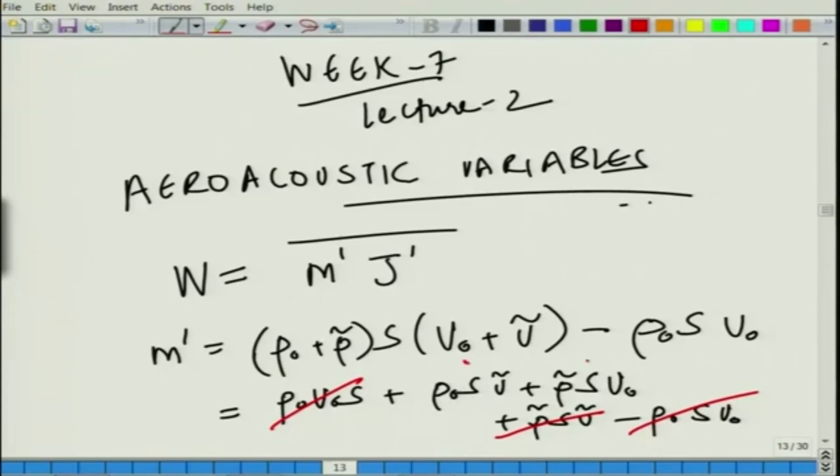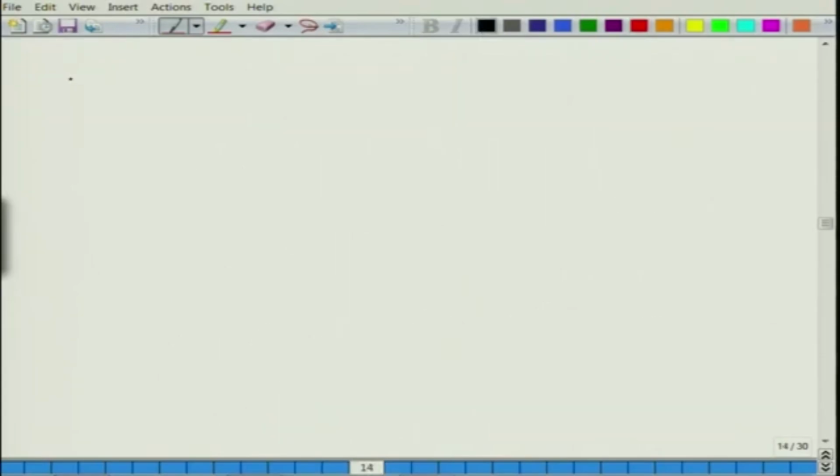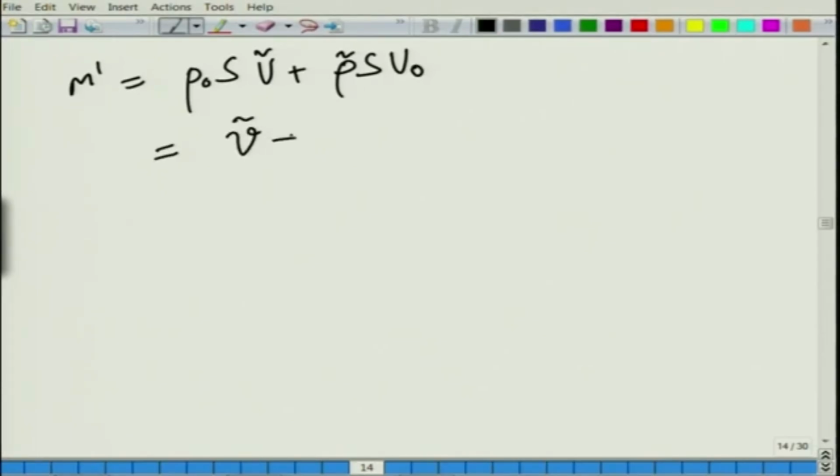So, basically after a little bit of algebra, what we get is that the perturbation mass velocity is nothing but rho naught S u tilde plus rho tilde S u naught. This we can write as the acoustic mass velocity plus p tilde by c naught square times S u naught.